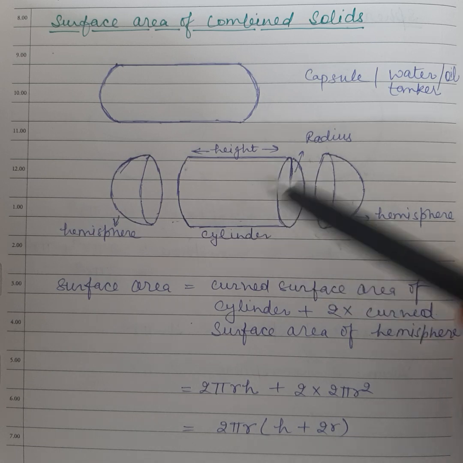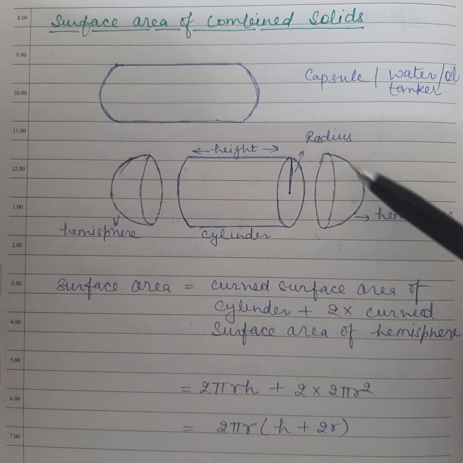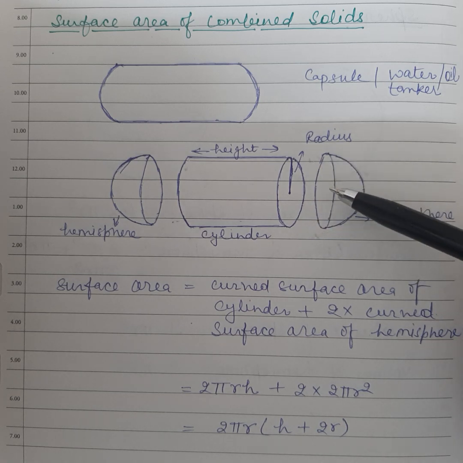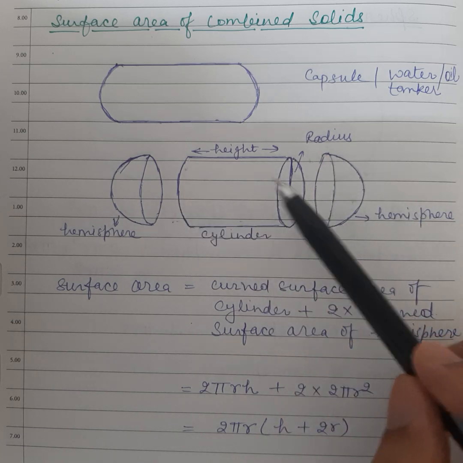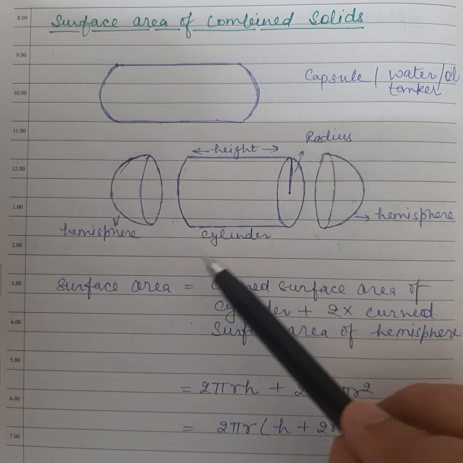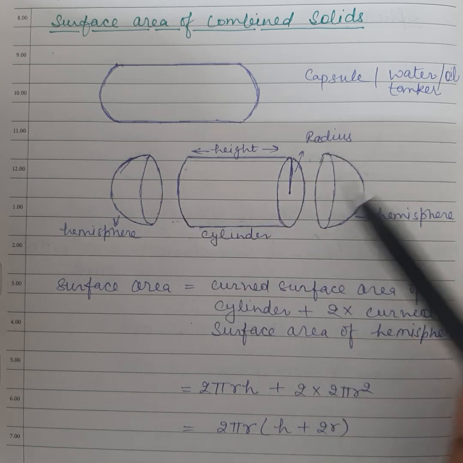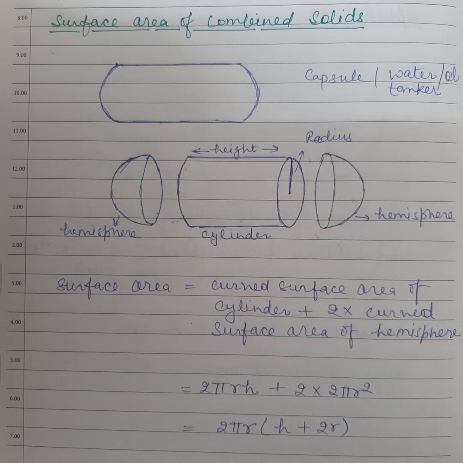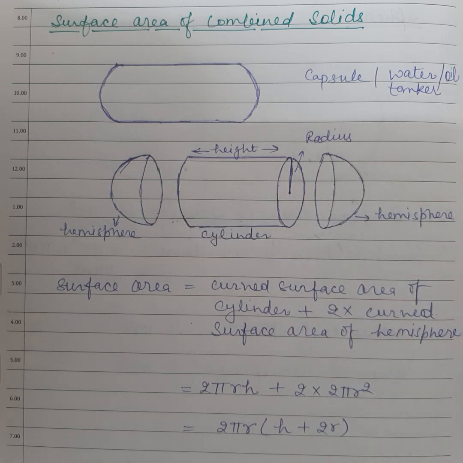Similarly, we'll have to find only the curved surface area of the hemispheres, because the flat area, which is a circle in the hemisphere, as well as the two flat areas which are also circles in the cylinder, will be inside, so they will not be outside. So suppose we have to paint this capsule or water or oil tanker, we don't have to paint these flat areas because they'll be hidden inside.